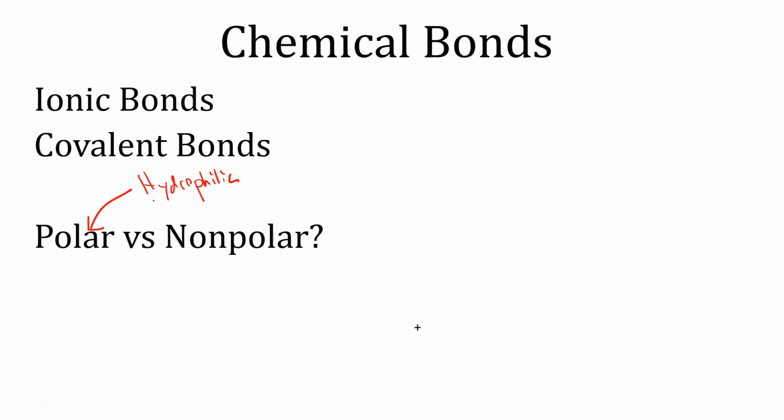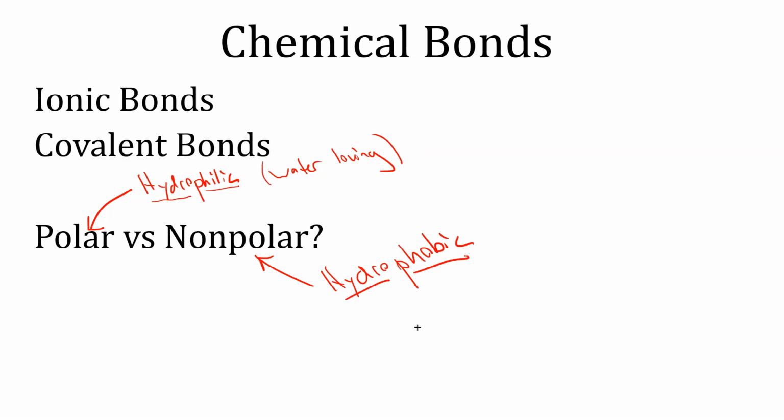This word hydrophilic literally means water loving. So any molecule that's got a polar bond in it is going to be something that likes to be around water, that it can be dissolved by water. Anything that's got a nonpolar bond in it, we would say is hydrophobic, which literally means water fearing.